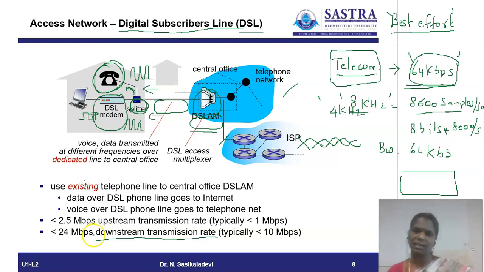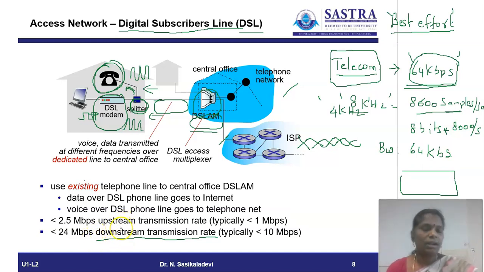If you're accessing the internet, the uplink only needs to transmit a request, an HTTP request. You just type www.sastra.edu, and that is what you send. But what you get back is the entire page with the images and content. So the downlink frequency is high compared to the uplink frequency.